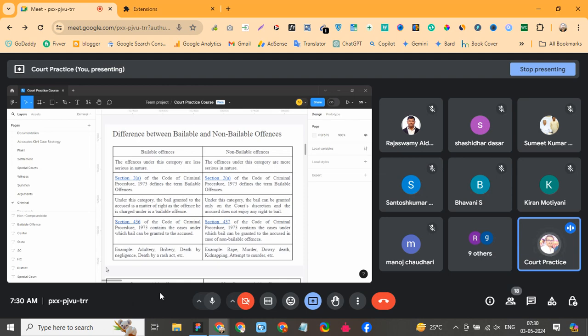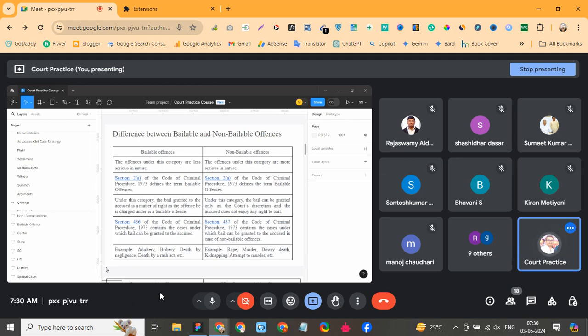Many times in a bailable offense, the crimes are non-serious in nature. That is why we can easily allow bail to the accused or the offender, and the same applies to the opponent side.